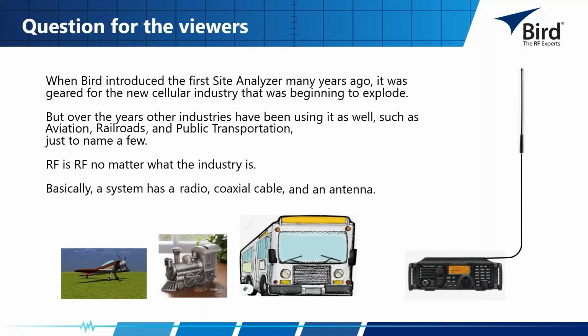Basically, a system has a radio, coaxial cable, and an antenna. What industry are you in? And I encourage you to send in your questions and just tell us what your industry is so we can have a better understanding of what you do. And you can enter in your question or the answers to this question throughout today's presentation.